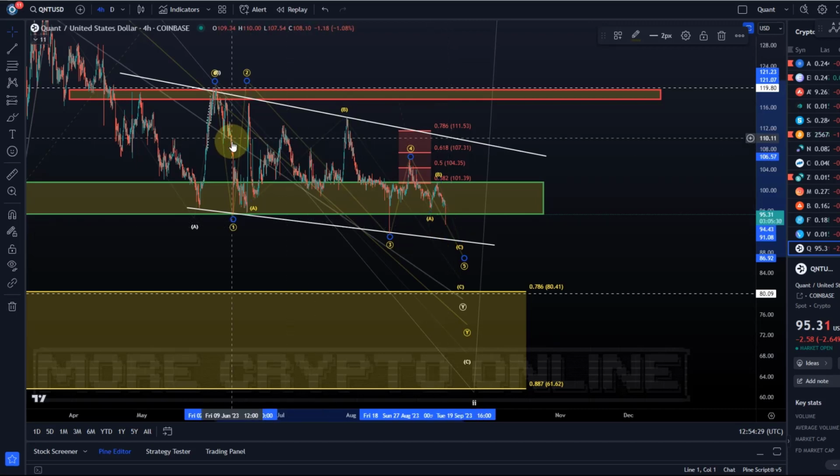This was just boring sideways action, and we finally see a little bit of movement, because just sideways action isn't any progress. We need to work through the waves to complete these corrections, or we will never be able to get this entire corrective pattern and structure complete.